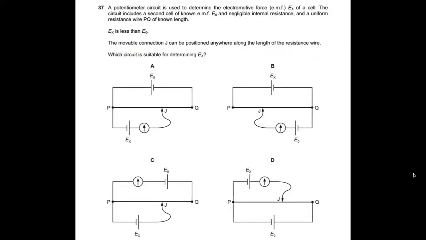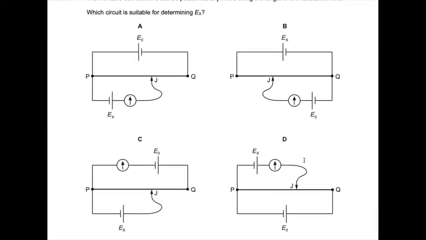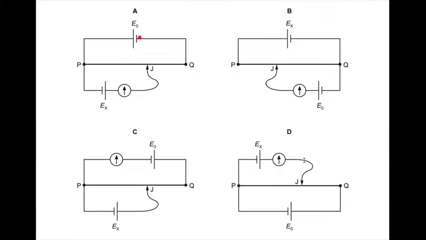If you look here, there are some differences that you can see in all of these. First off, there's some difference as to how E0 and EX are placed, right? Where the galvanometer is placed is a difference. And the polarities in which these are matching up, that's also a difference.